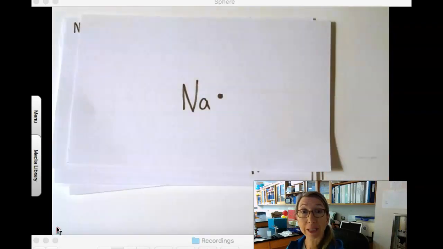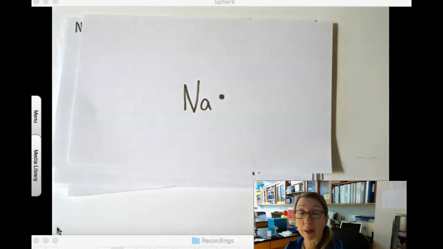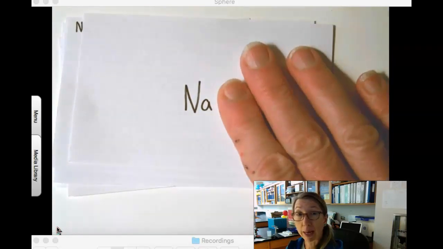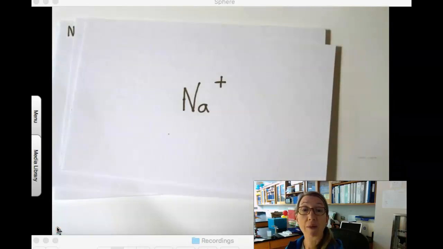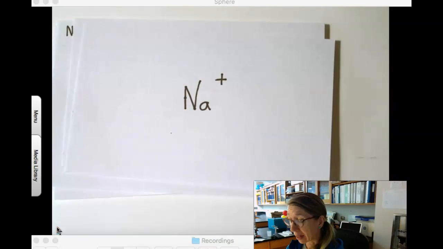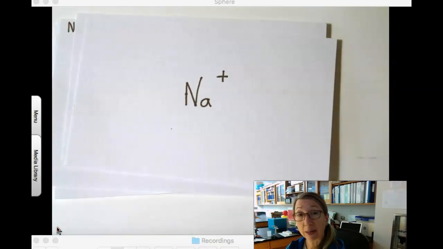Looking at our Lewis dot diagram, you would say, oh wow, only 1 valence electron. And if we take that one away, the outermost energy level will be filled, and we would have our sodium ion. And this +1 would be the ion that sodium would tend to form in order to fulfill the octet rule.